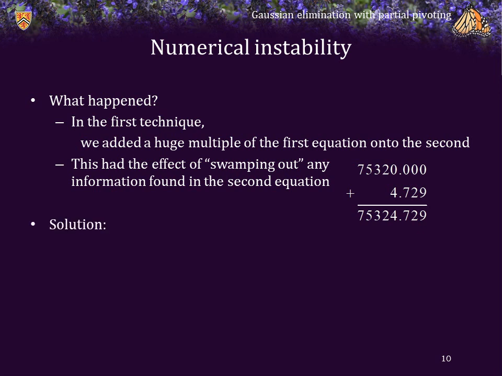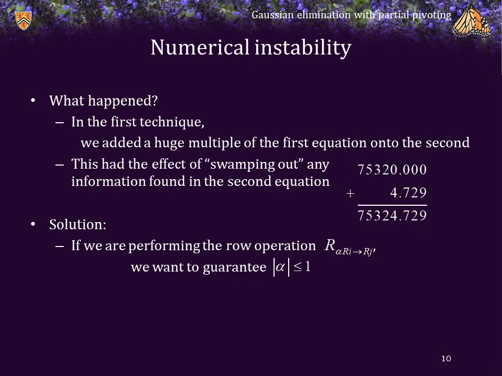How do we solve this problem? When we perform a row operation where we are adding a multiple of one row onto another, we want to guarantee that we are not adding a huge multiple of one row onto the other. Instead, we want to guarantee that the multiple of one row that we're adding onto another is less than 1 in absolute value.